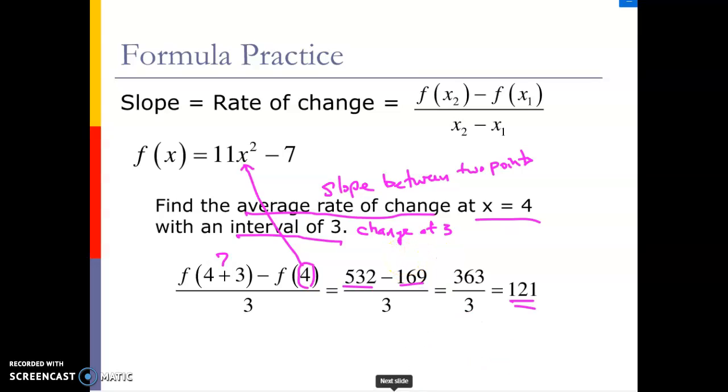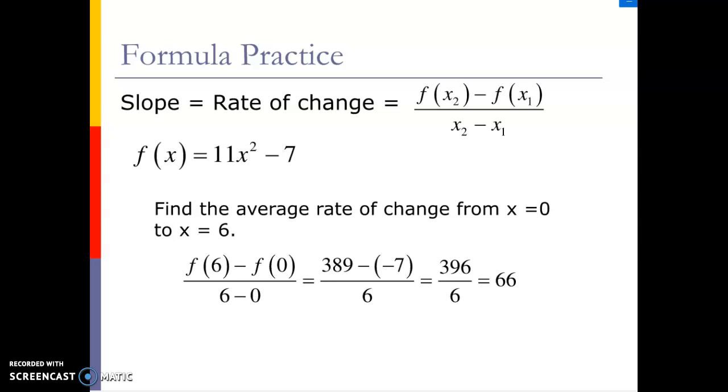Then we've got the next one. Notice I changed the wording on this. Originally it said the overall rate at x equals 6. Overall automatically means you're starting at x equals 0, the initial value.